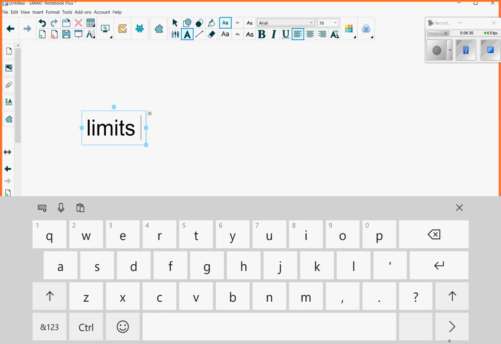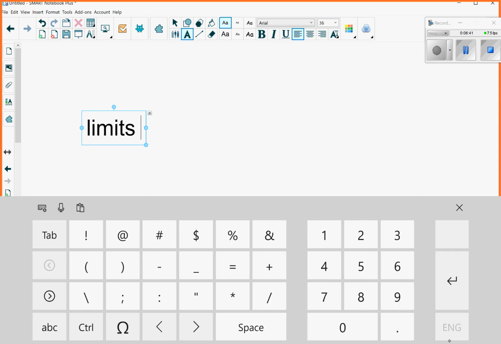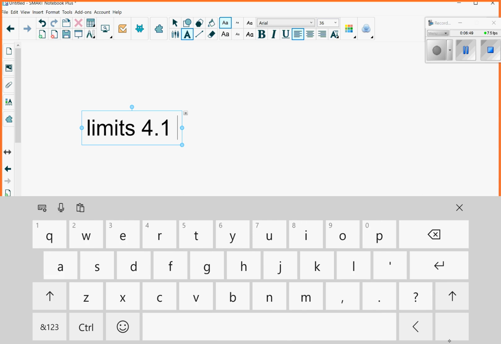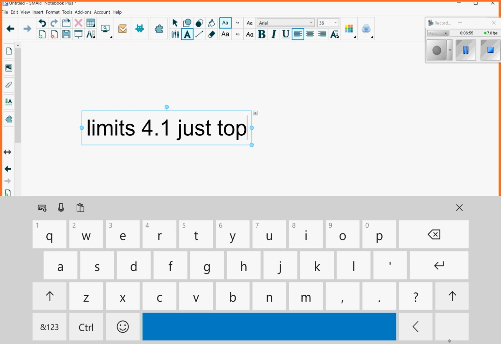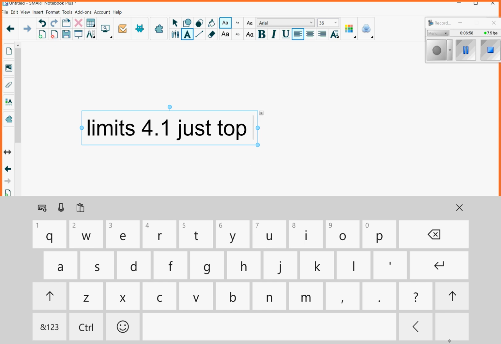So finish. Make sure that page is done. I think I kind of walked through them. And then 4.1, just the top 12 problems. 9 problems.